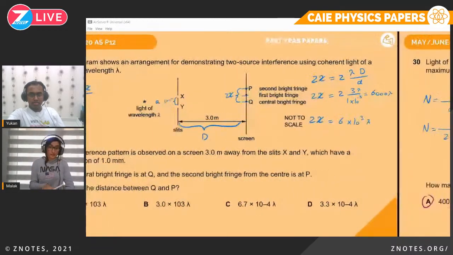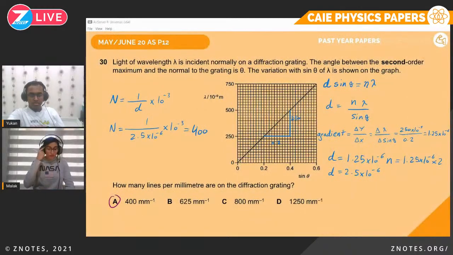Question 30. The light of wavelength lambda is incident normal on a diffraction grating. The angle between the second order maximum, so now we know that n is equal to 2, and the normal to the grating is theta.